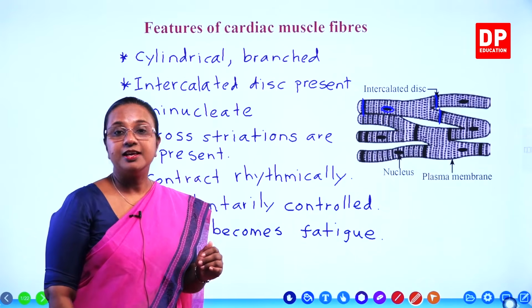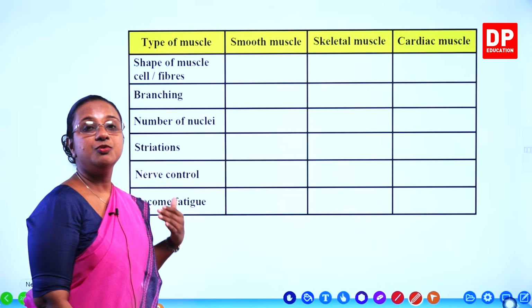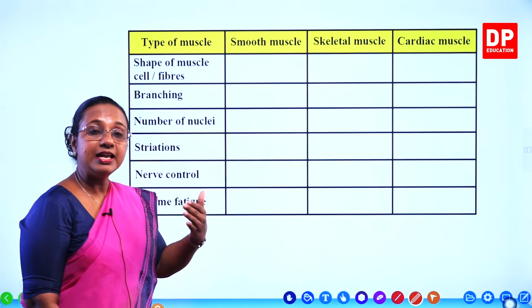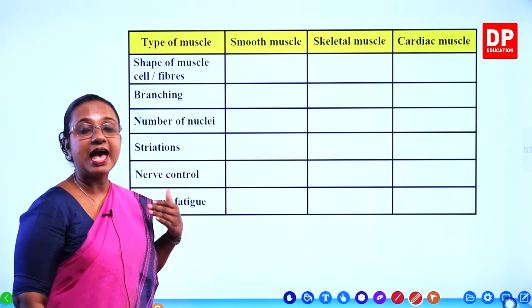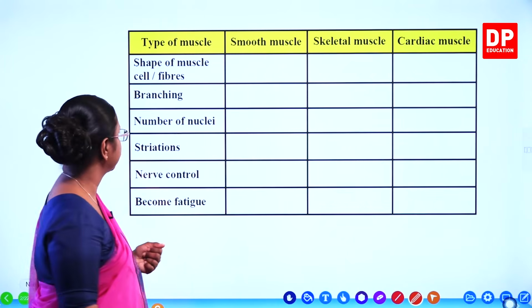We will do that next. The type of muscle is given to you and there are some features given. You should be able to identify similarities as well as differentiate between the 3 muscles.